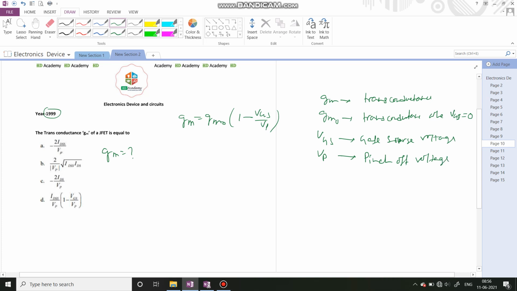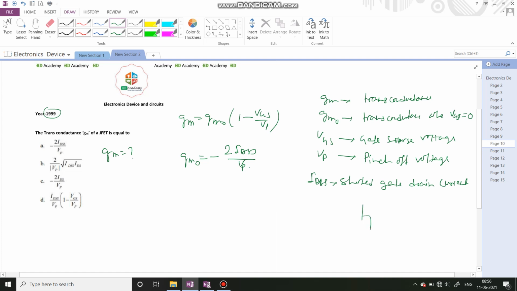Now we know that also GM0, that means the transconductance when gate source voltage is 0, is equal to minus 2 IDSS by VP. We know that VP is the pinch off voltage and IDSS is the shorted gate drain current. Now what is shorted gate drain current?